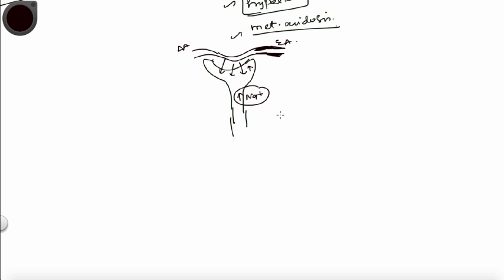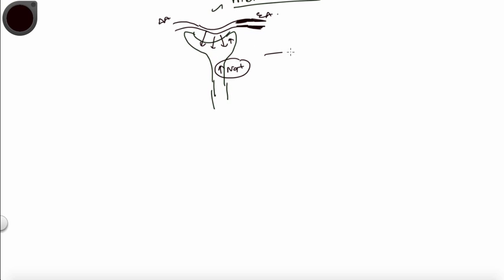that contains more sodium, and this more sodium is delivered to the DCT, and this increased sodium in the filtrate is sensed by an important structure called the macula densa that is present in the distal convoluted tubule.